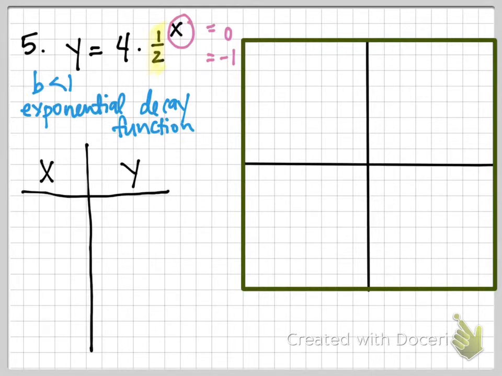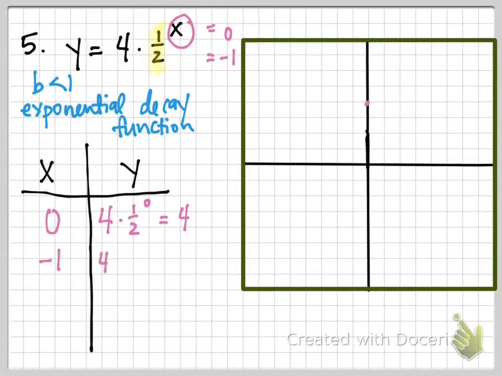So if I plug in x equals 0, that ends up getting 4 times 1/2 to the 0 power, which would just be 4 times 1. So I can plot the point 0, 4. Then I can plug in x equals a -1. The reason why I choose -1 is because when you do decay, you sometimes want your exponent to be negative.